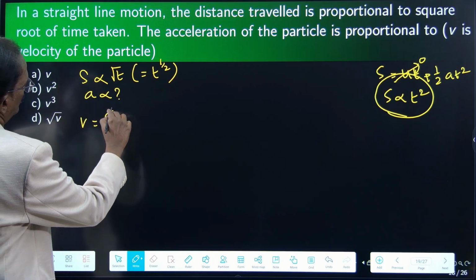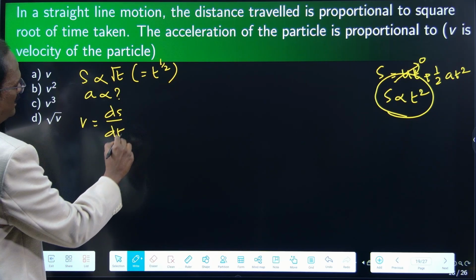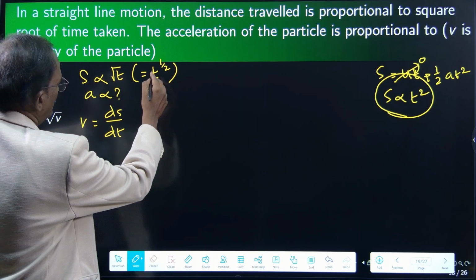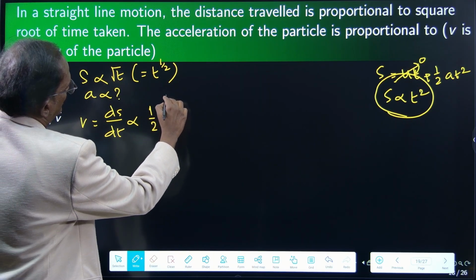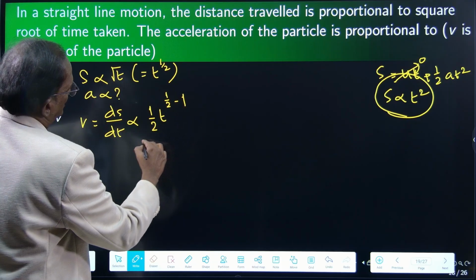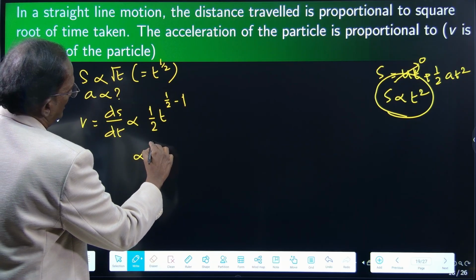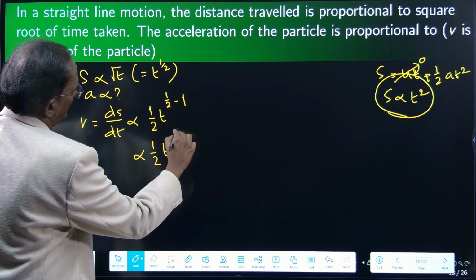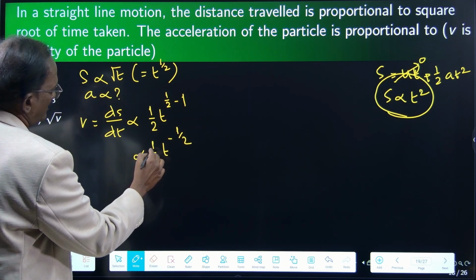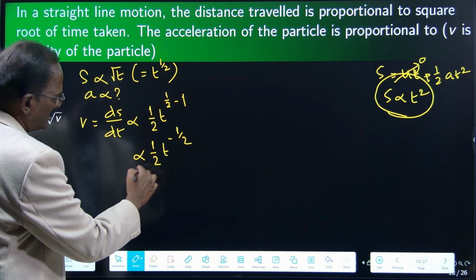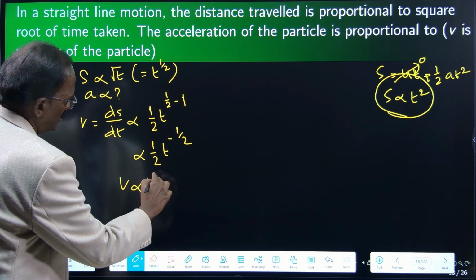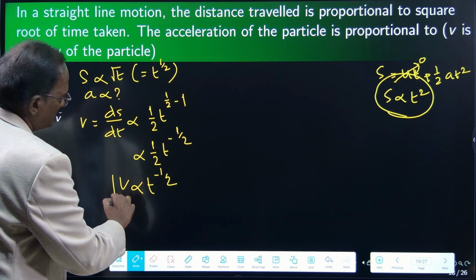V is equal to ds by dt. So differentiation of t power half is half t power minus half. The half can be removed because it is proportional, not an equal sign. So V is proportional to t power minus half.